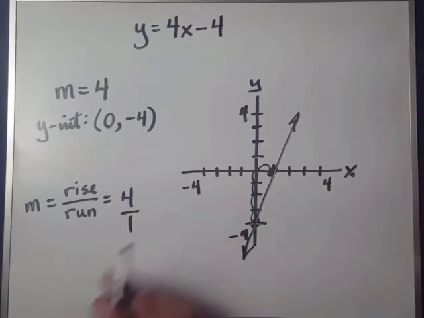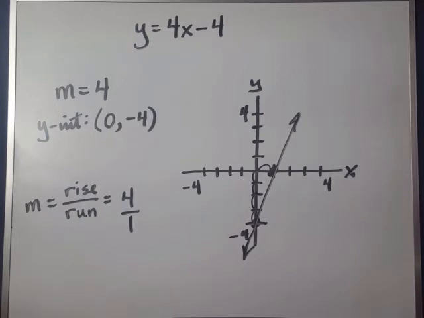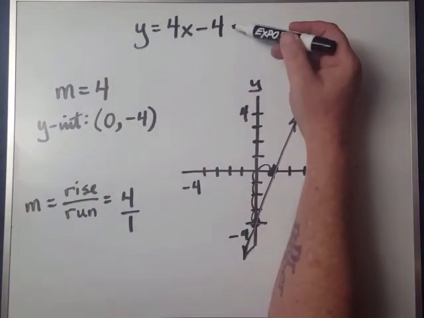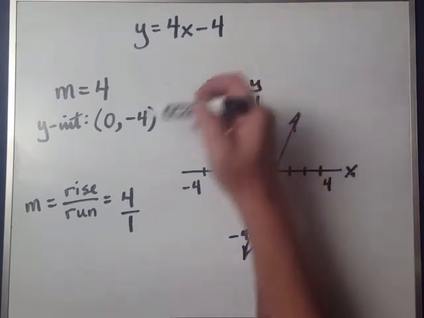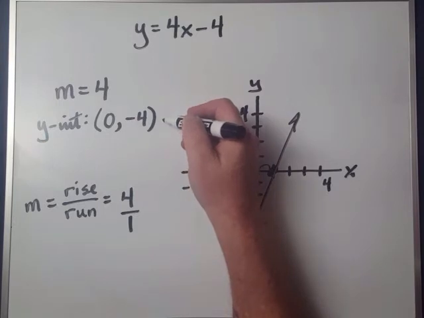She has a blue box for us, back toward the beginning of the section, page 239. Graphing a line using the slope and y-intercept, she said, step 1, write the equation in slope-intercept form. Well, ours already was. It was already solved for y. Step 2, identify the y-intercept. We did that.